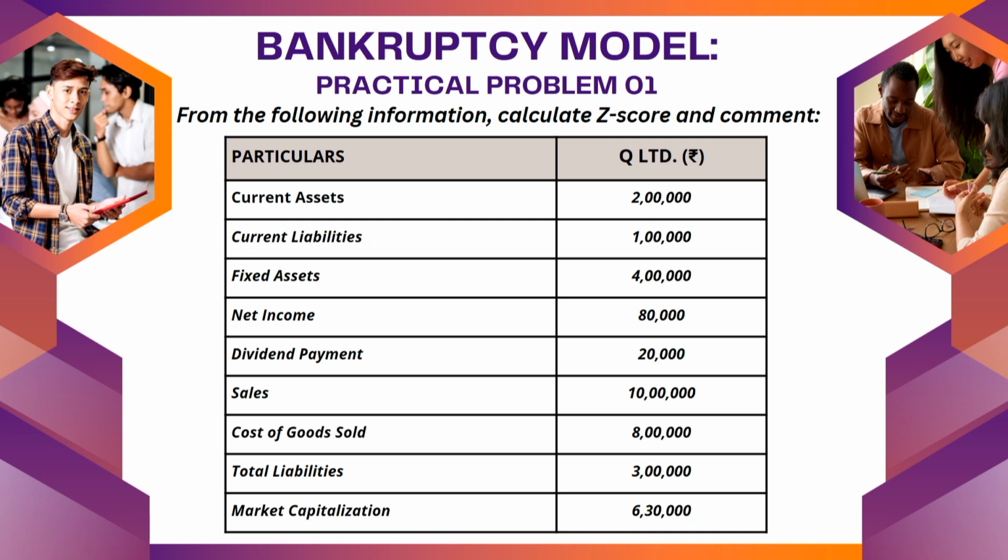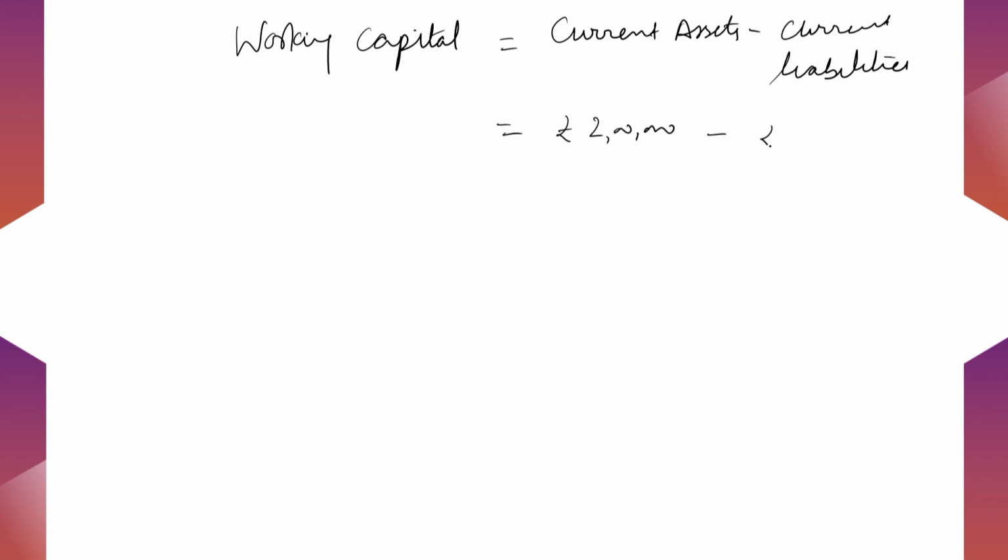And we know that the working capital is the difference of current assets and current liabilities. Current assets given is rupees 2 lakh, and the current liabilities given in the question is 1 lakh rupees. So our working capital is 1 lakh here.